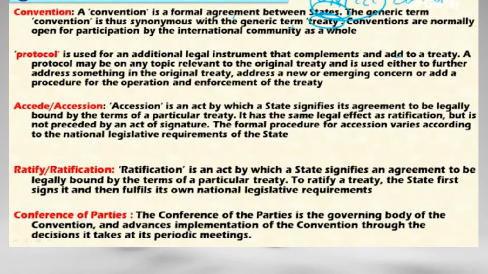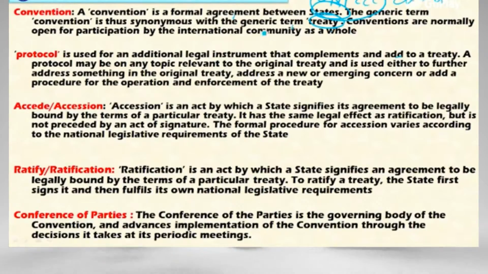Under a convention, the different parties, that is the different countries, decide on broad terms, such as how best we can control climate change. They do not go into deeper aspects of the subject.